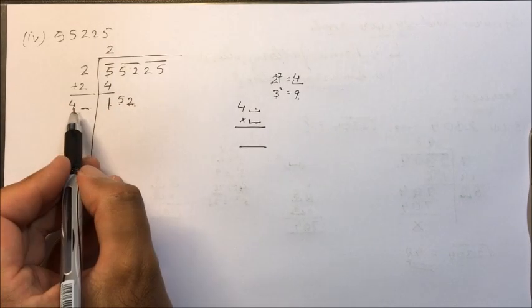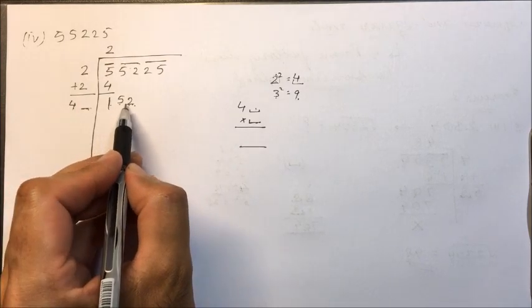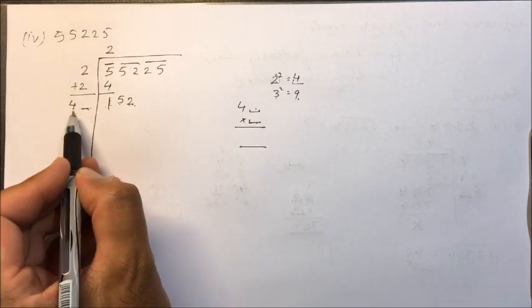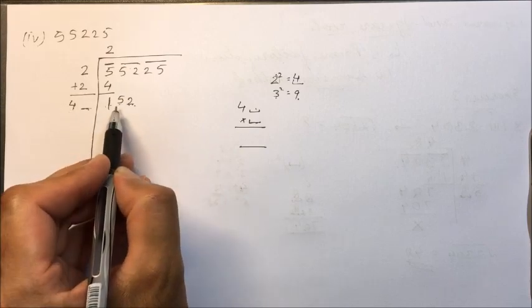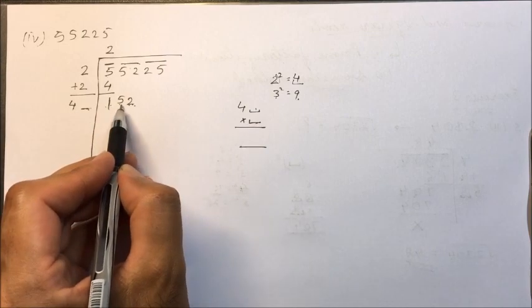So here we can check 43 times 3, 4 3s are 12, 44 times 4, 4 4s are 16.